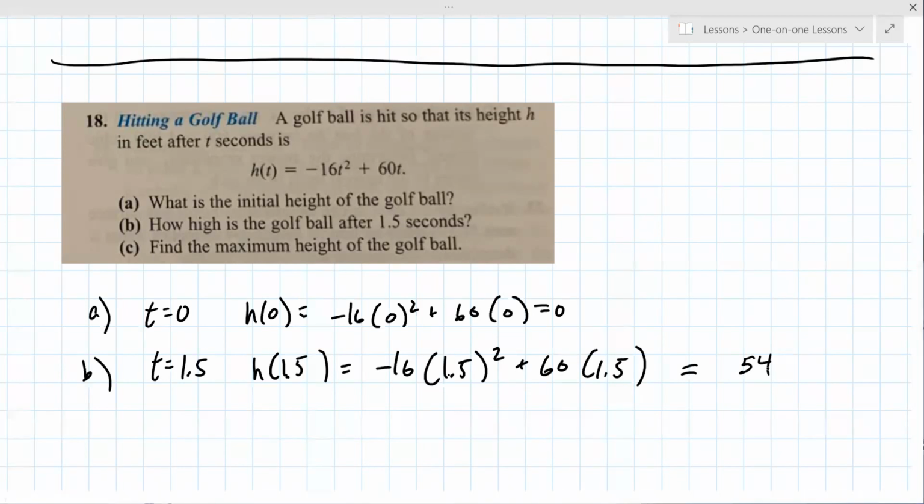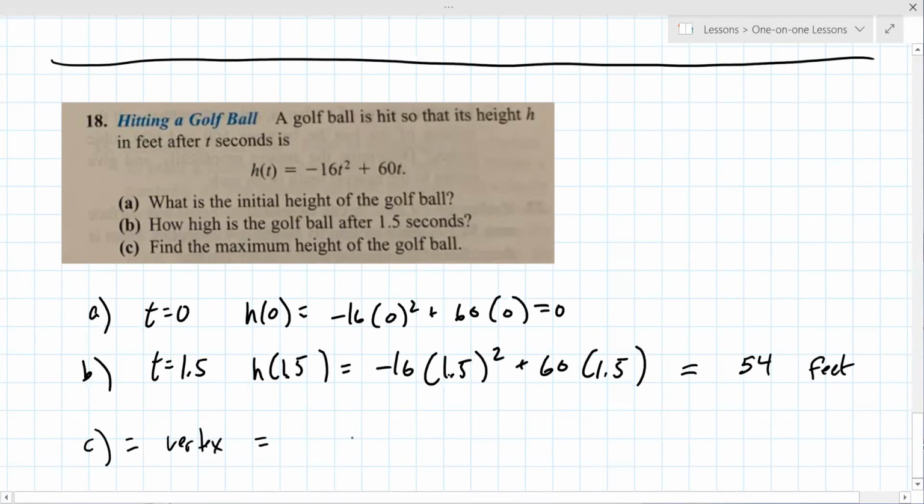All right, now we have to find the maximum height of that golf ball. So we'll find that vertex. Yep, you're finding the vertex. Good word choice here. It's minus b over 2a: minus 60 over 2 times minus 16.